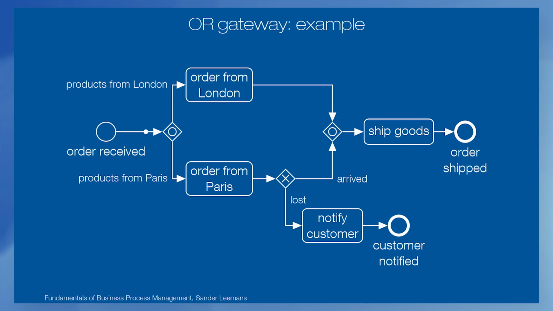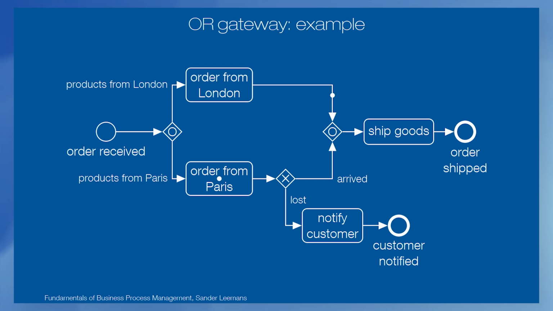Another example. We have another order coming in, and let's say that we again have orders from both London and Paris. We execute London, and the OR join again checks, can another token still come? So it walks backwards, and yes, another token can still come. So in this case, the OR join waits.